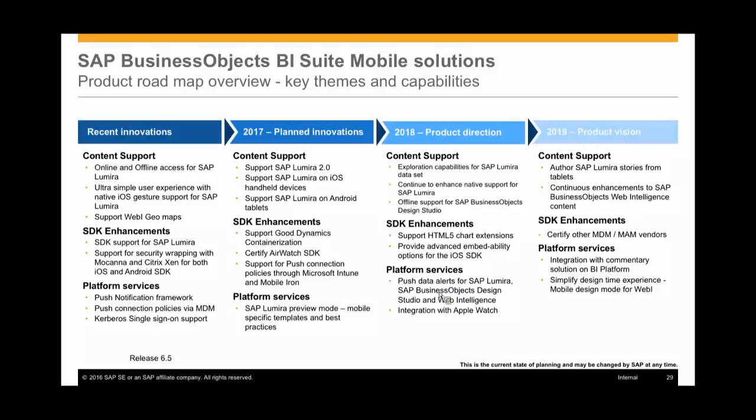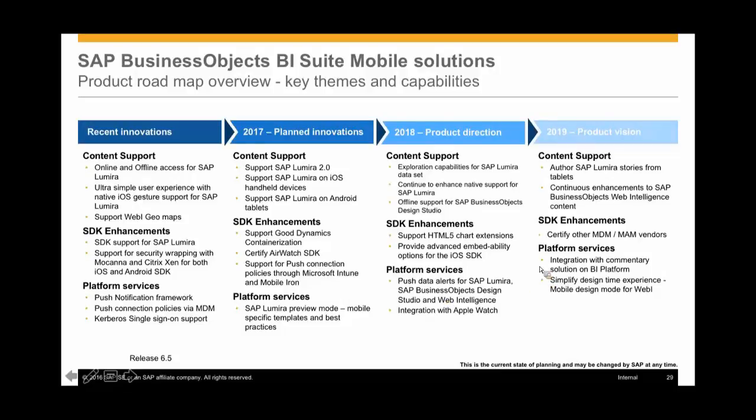The key thing we are working on right now is being able to push data alerts. Today, what you can push is document updates and admin messages. We are looking at taking it to the next level, where you can access the data alerts themselves on your mobile device without having the application running. That's something planned for the future.